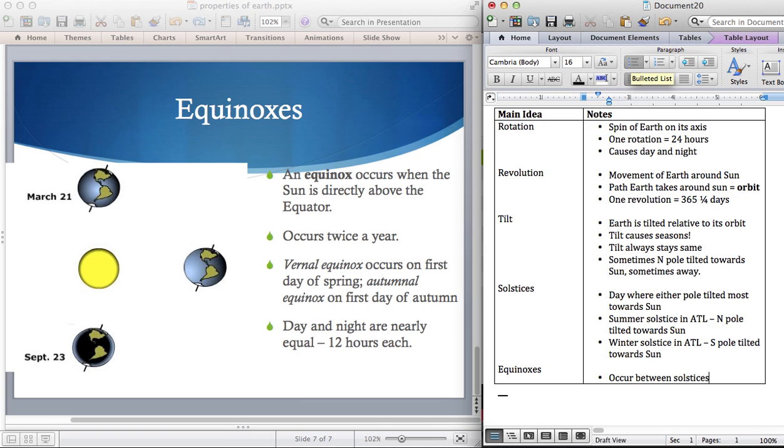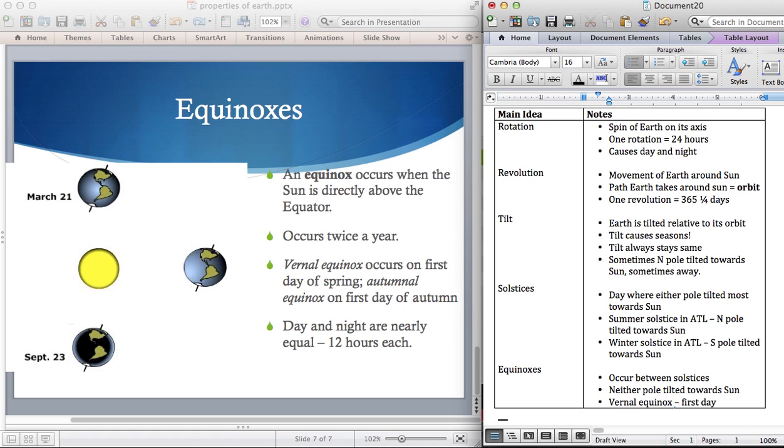And neither pole is tilted towards the Sun at all. All right. We have a vernal equinox, which is the first day of spring.